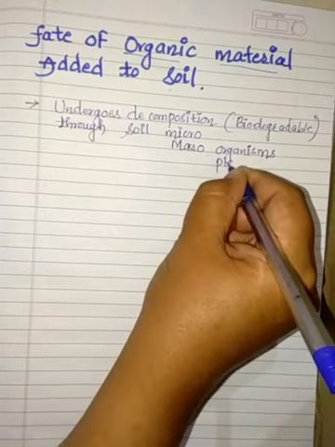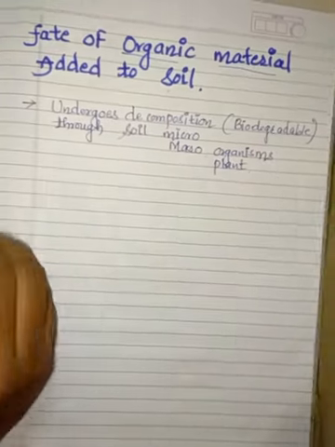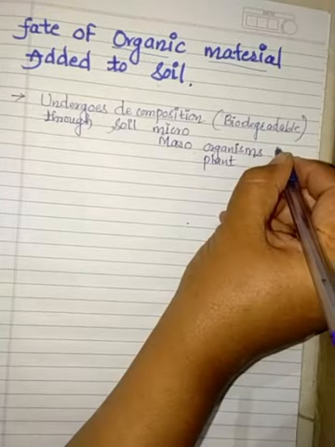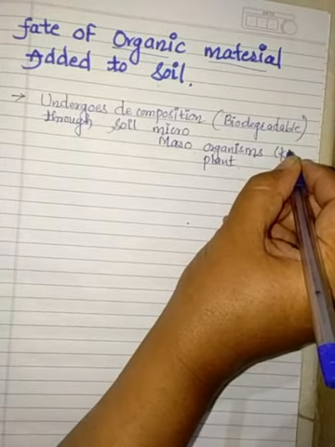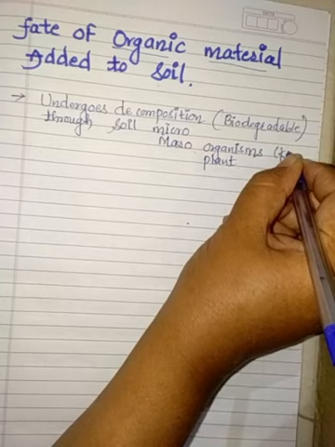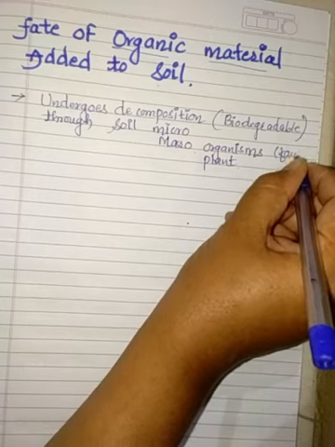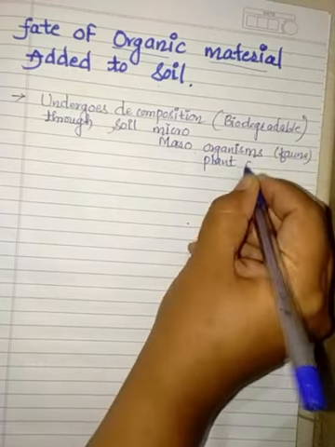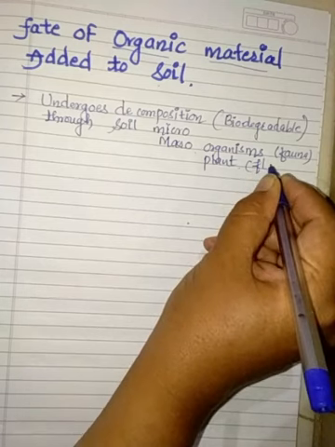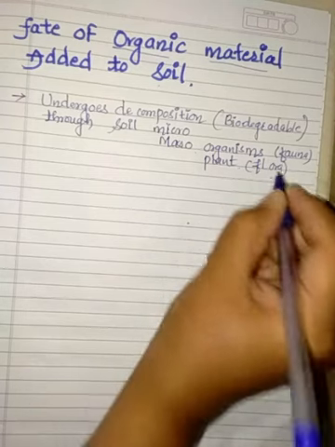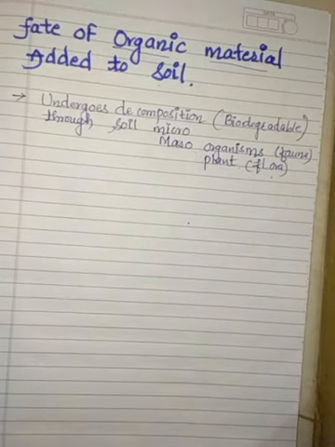and plants. If organisms, we call it fauna, F-A-U-N-A, and plants, we call it flora. Botanical names are given by the IUPAC.